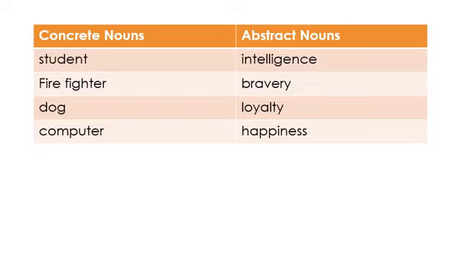Firefighter is a concrete noun. Why? Because you can see him, you can touch him, and you can hear him. On the other hand, bravery is an abstract noun. Why? Because you cannot see, touch, taste, or smell bravery. Dog is again a concrete noun, but loyalty is an abstract noun.